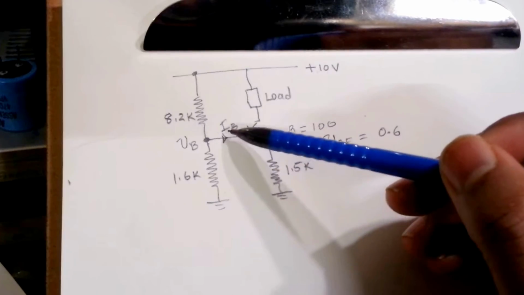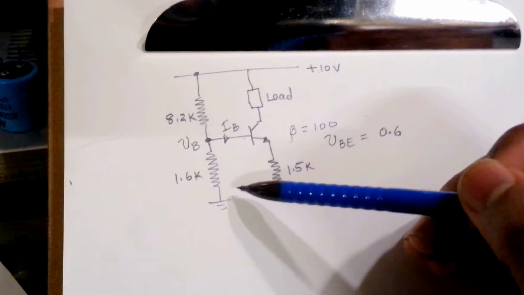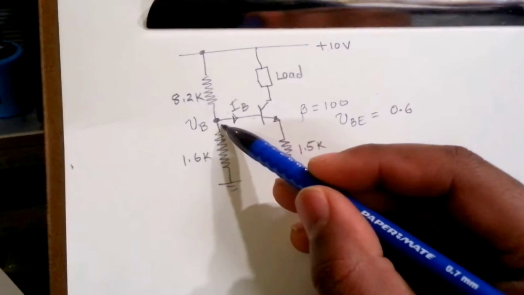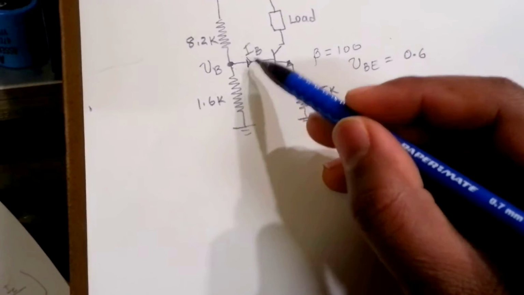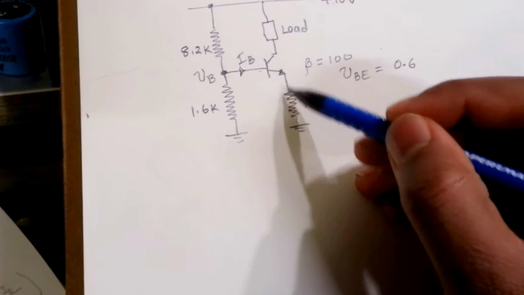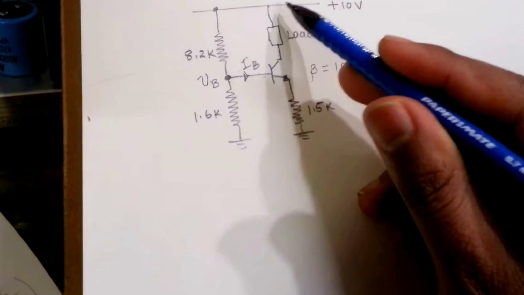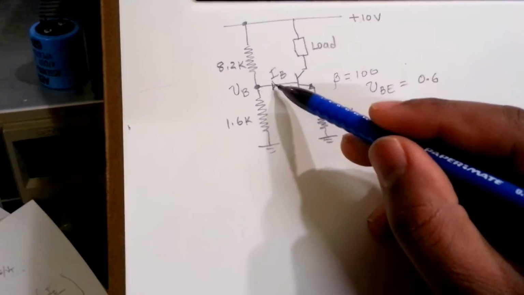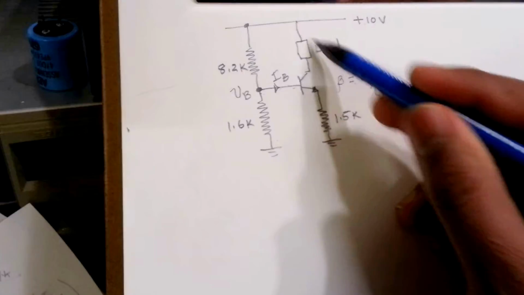So let's write the KCL at that point to find the base current, and if we know the base current, then we also know the current going here, because the relationship between base current and collector current is a factor of beta. So if we know the base current, then we know the current going through the load.